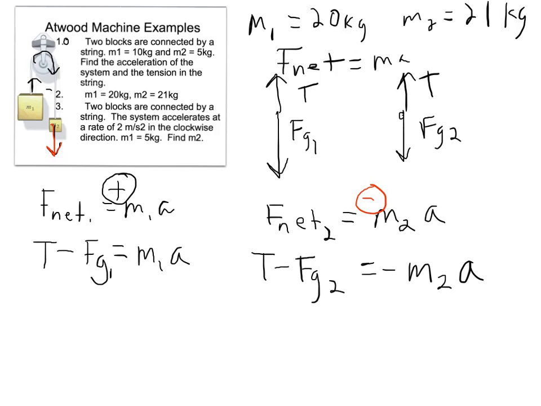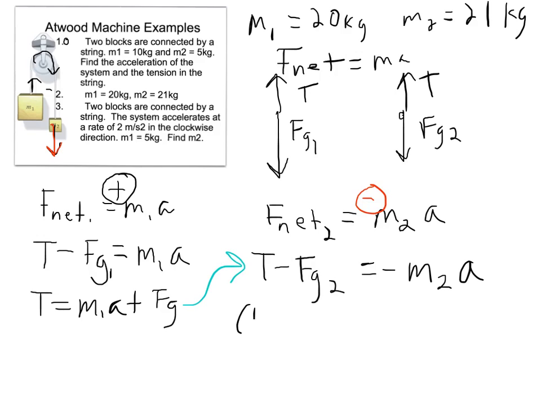I'm looking for both the acceleration and the tension. I can't solve for both variables all at the same time, so let's eliminate one variable by solving the Fnet1 equation for T. I'm going to add Fg to both sides, therefore T equals m1a plus Fg. Now I'll take that T that I just solved for and substitute it into the other equation. This should be very familiar since we did the same thing last night.